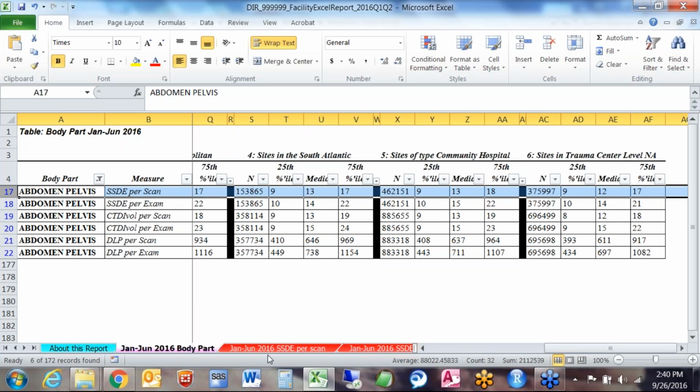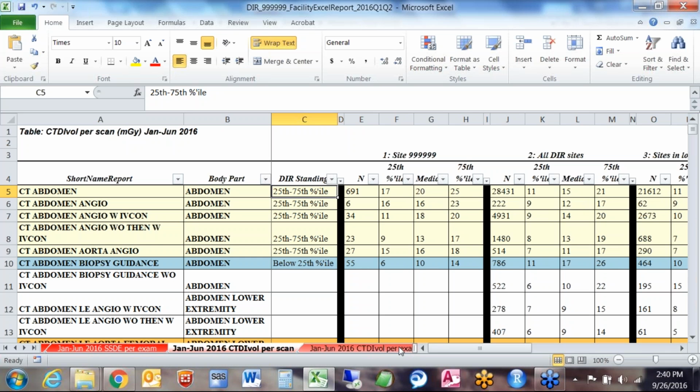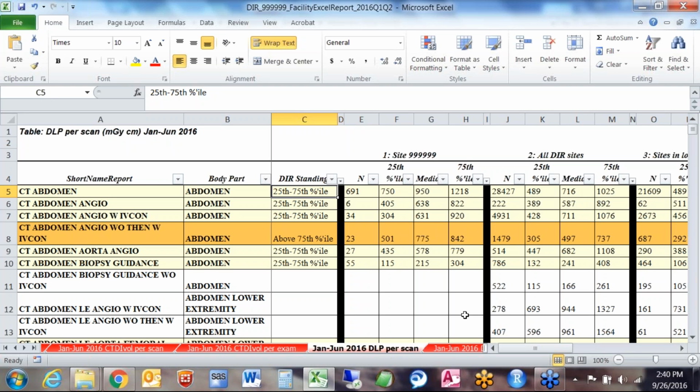But this is how we did it. So the first tab is SSD per scan. Then you can have SSD per exam, CTDI vol per scan, CTDI vol per exam, DLP per scan, per exam, and so on and so forth.